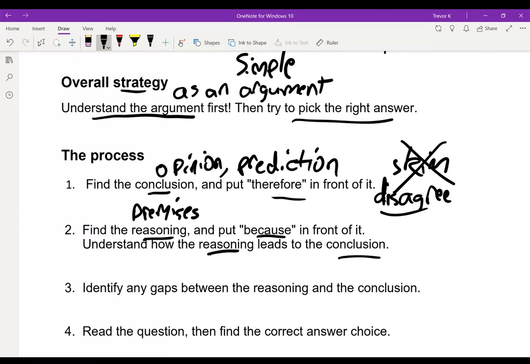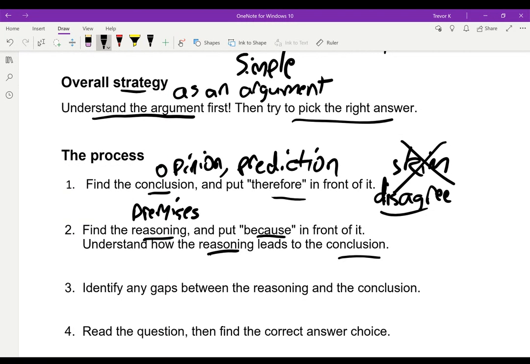So this is another really important step. A lot of times my students will just sort of have their conclusion and their reasoning, and they'll read it out to me, and they'll be like, all right, I'm ready to go. And it's like, well, no, how does the author actually think that his reasoning is supporting his conclusion?